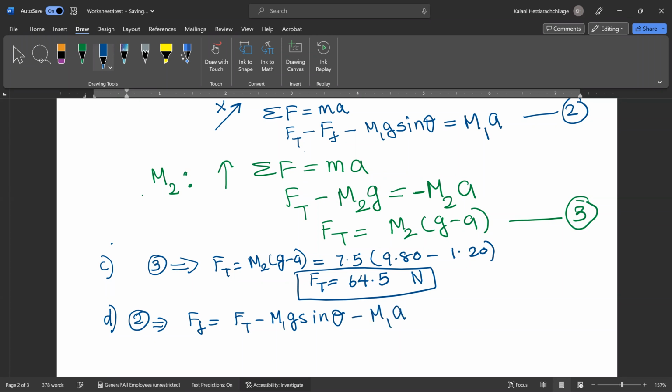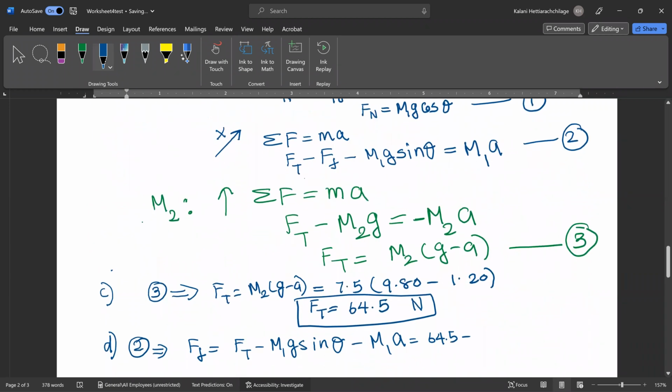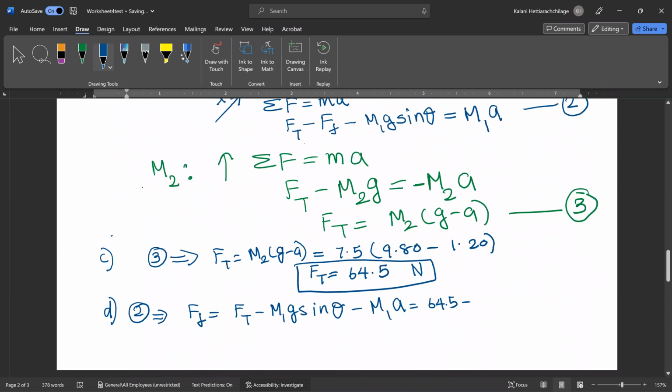So now you're going to plug that in. We have 64.5 as the tension force, minus M1, which is 5 kilograms, times G, which is 9.80, and sine of 30, which is half, right?